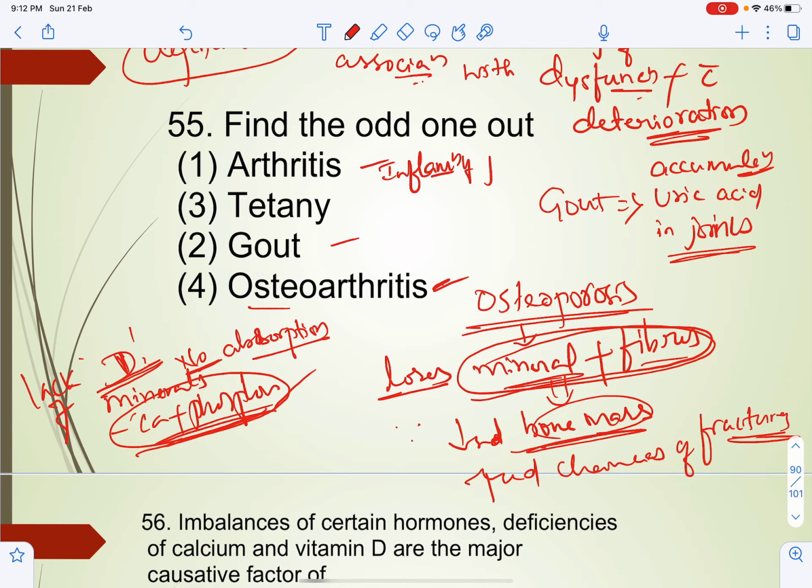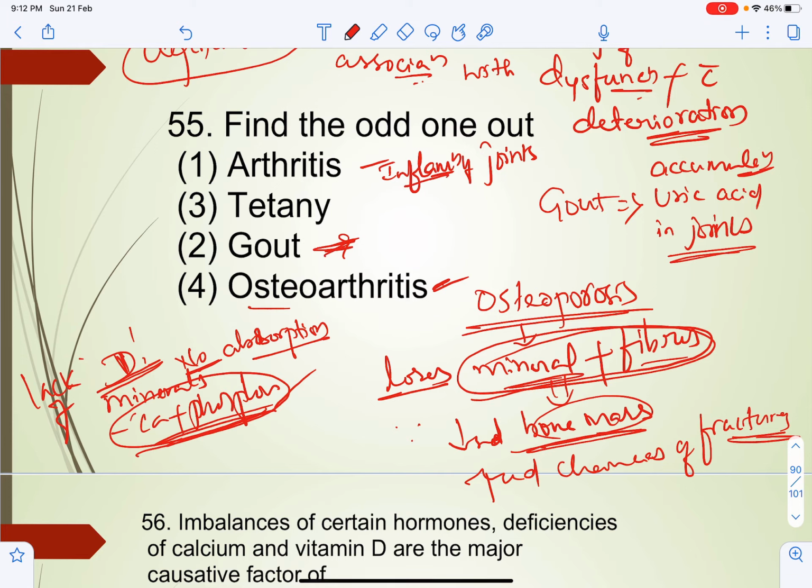Inflammation of joints, where in case of gout also, there is excess accumulation of uric acid that deposits in the joints and forms inflammation.